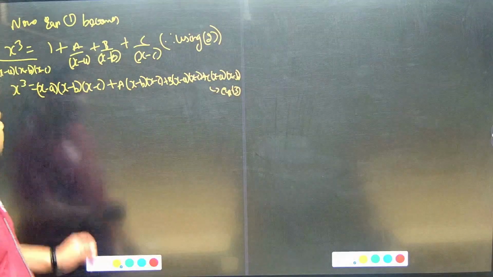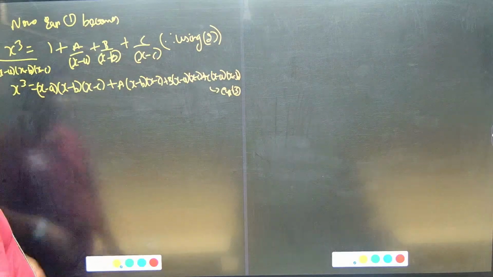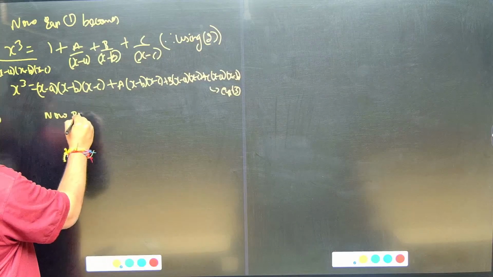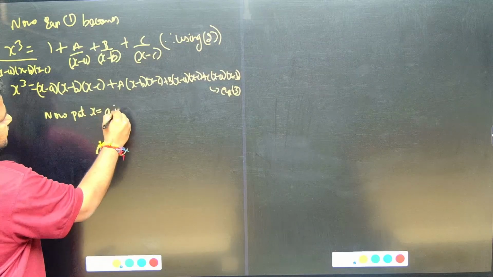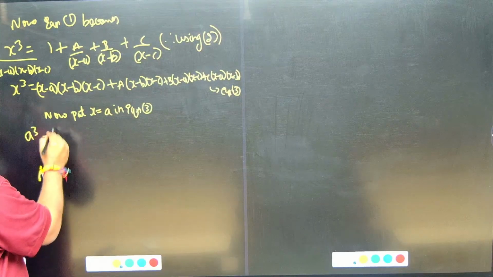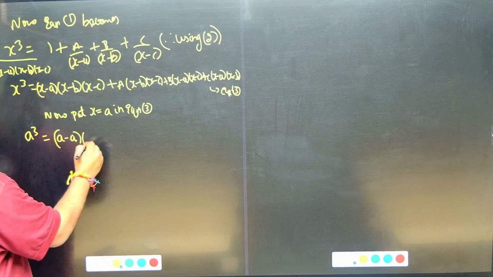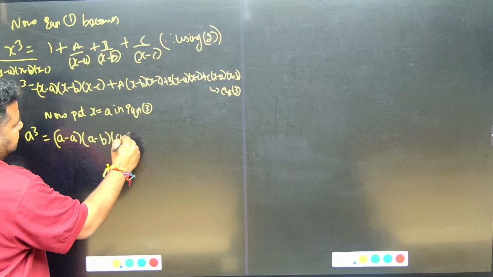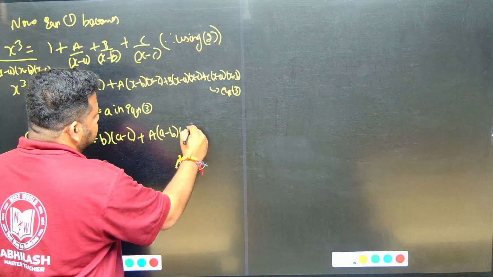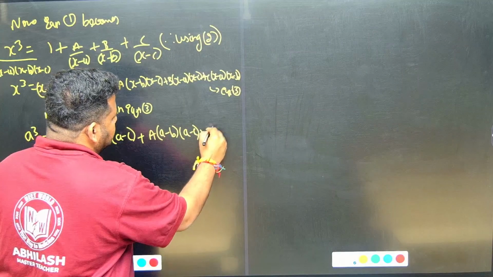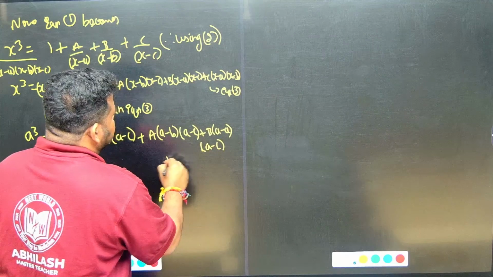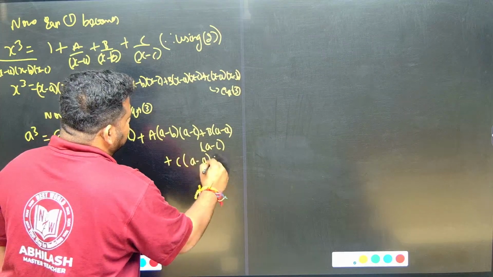Now put x is equal to a in equation 3. We get a cube is equal to a minus a into a minus b into a minus c, plus A into a minus b into a minus c, plus B into a minus a into a minus c, plus C into a minus a into a minus b.